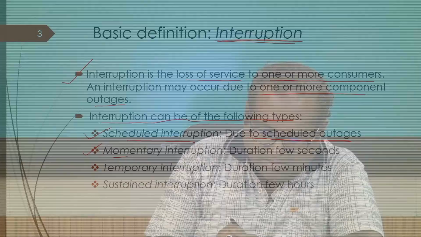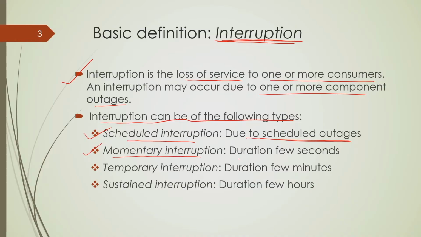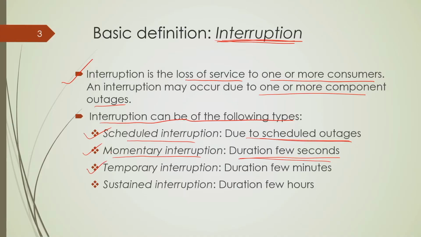Another is momentary interruption, where the interruption sustains for a very short period of time, just a few seconds. We call that momentary interruption. We also have temporary interruptions, where the interruption sustains for a few minutes, and we also have sustained interruption, where the interruption sustains for a few hours.